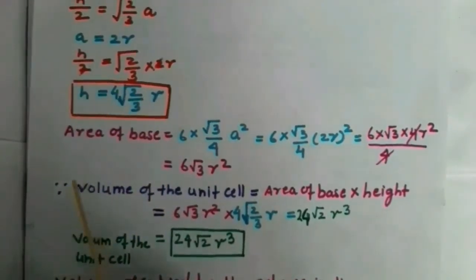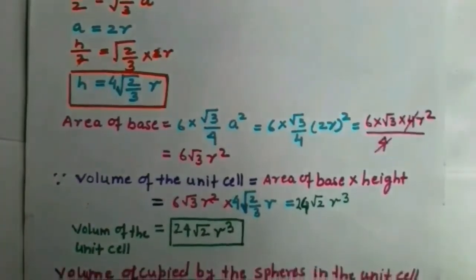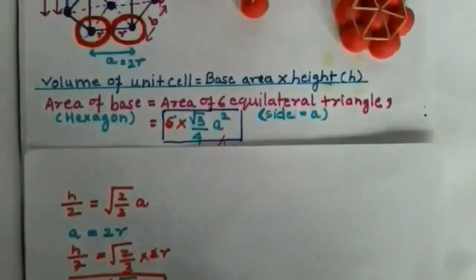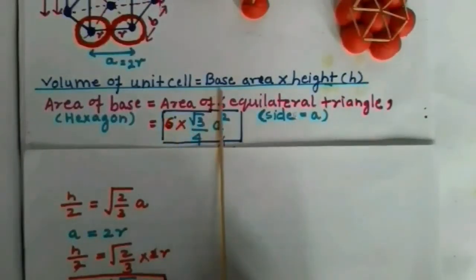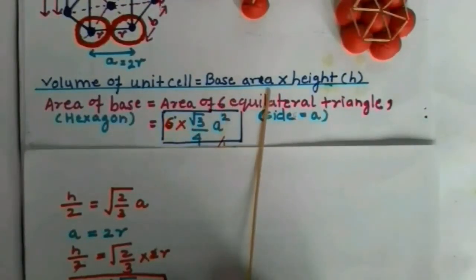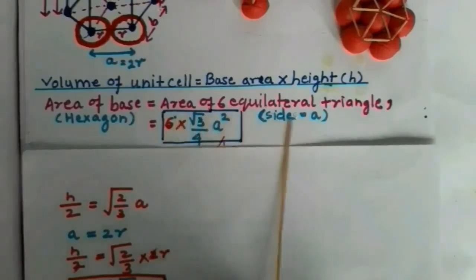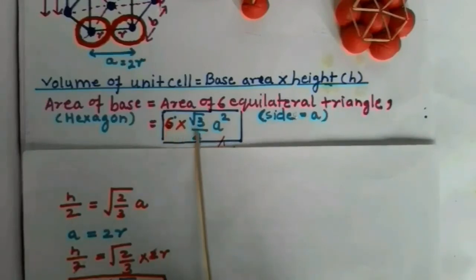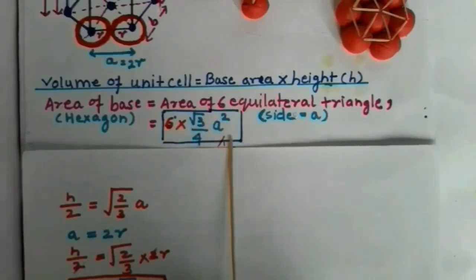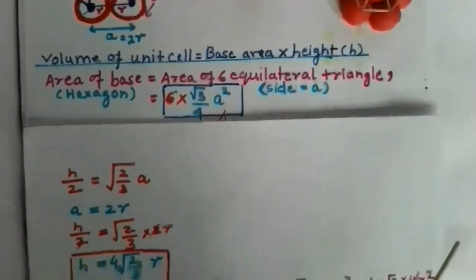Now we have to calculate the volume of the unit cell, that is equal to area of base multiplied by height. We have calculated the area of base, that is the hexagon, is equal to area of 6 equilateral triangles having side a, and it is equal to 6 multiplied by root 3 by 4 a square.